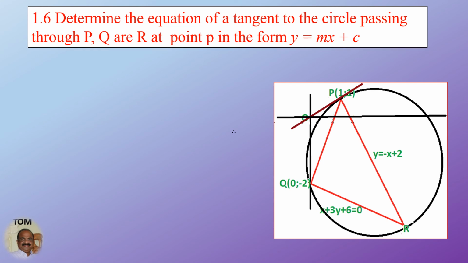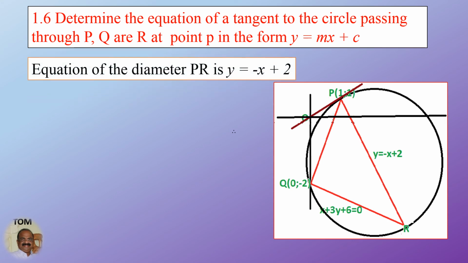So since it is a straight line, we need the gradient and at least one point on the line. We have now the equation of the diameter PR, that is y equal to minus x plus 2. Therefore, the gradient of the radius or diameter is minus 1.